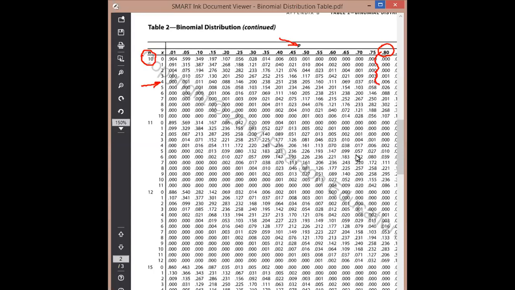When we're finding the probability that x equals 4, we're just concerned with this part right here, where x equals 4. On our table, where the probability 0.80 intersects x equals 4, it's 0.006. That's according to the table. That's a point density function: individual probabilities for individual values of x.